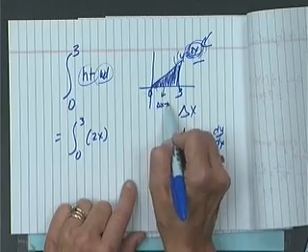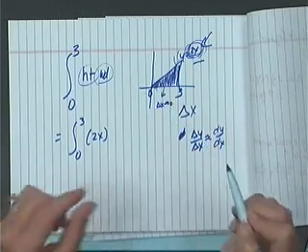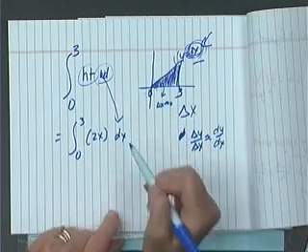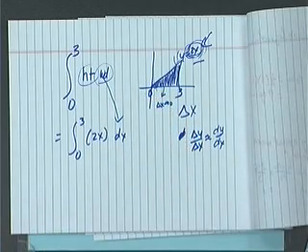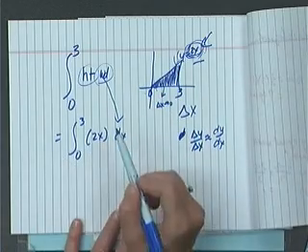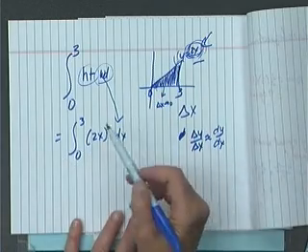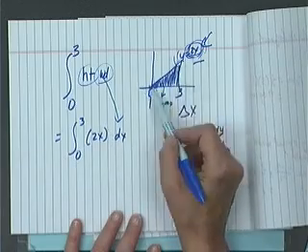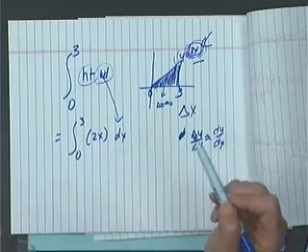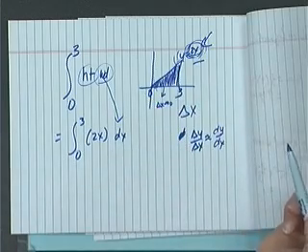So because our little delta x's in here approach 0, they're so teeny tiny, in place of the width we put dx. Okay? All right, so we're summing up the areas of all the little rectangles that we can put in here whose heights are defined by 2x, whose widths are itsy bitsy dx's.